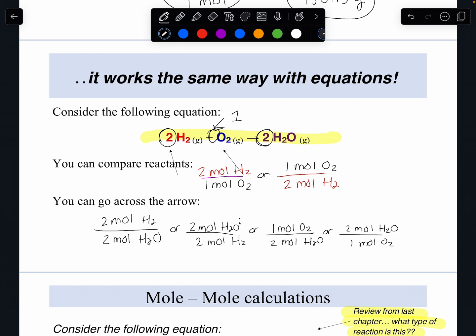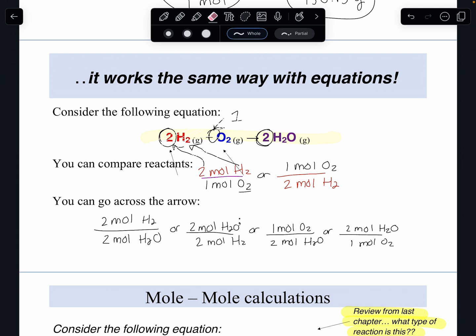So again, we're going to be using the coefficients to create conversions. You can create conversions by writing out any value. So putting the 2 from here and the H2 from here, and then using that as a conversion to O2, or even writing it flipped if it's necessary: the 1 from the O2 and the 2 from the H2.